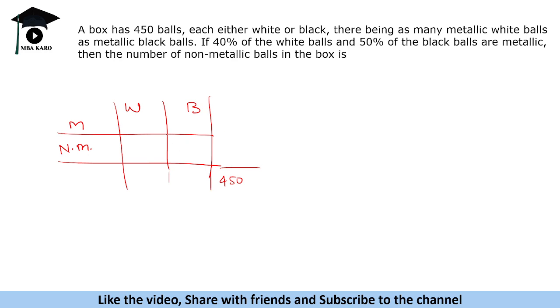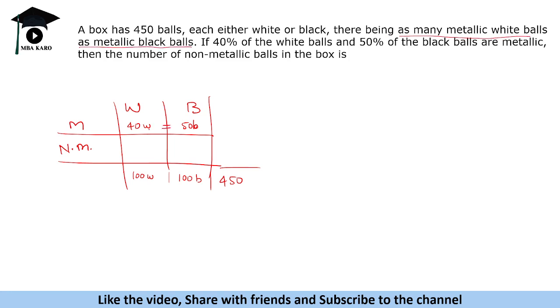Now let us say there are 100w white balls and 100b black balls. 40% of the white balls and 50% of the black balls are metallic, so we can say 40w and 50b are metallic in nature, and they are equal, as many metallic white balls as metallic black balls.